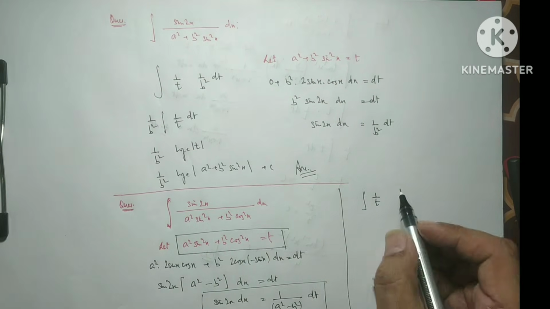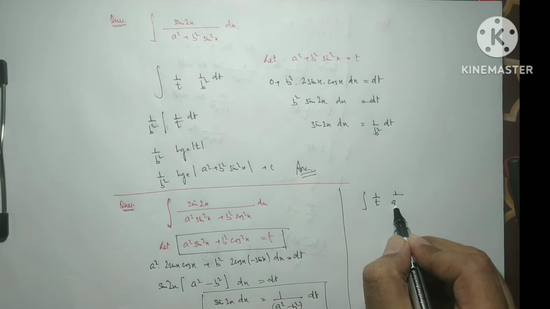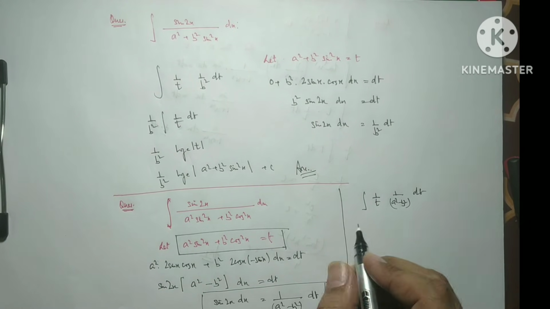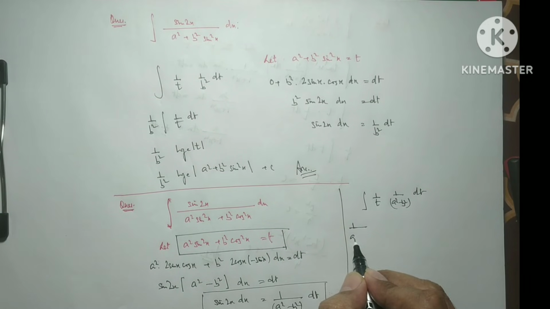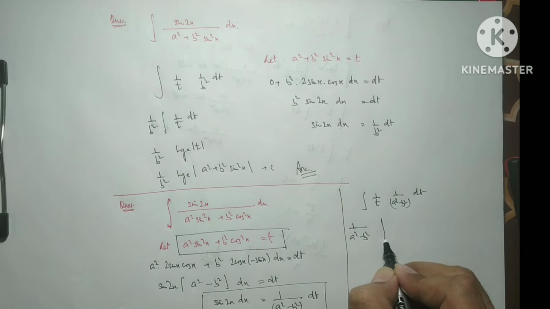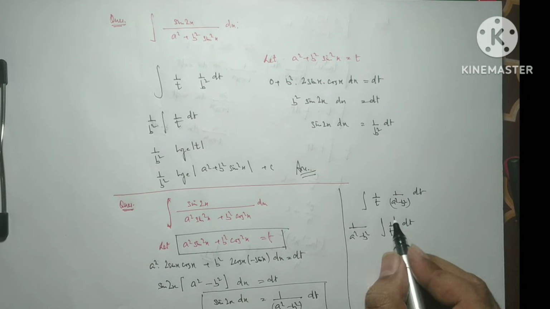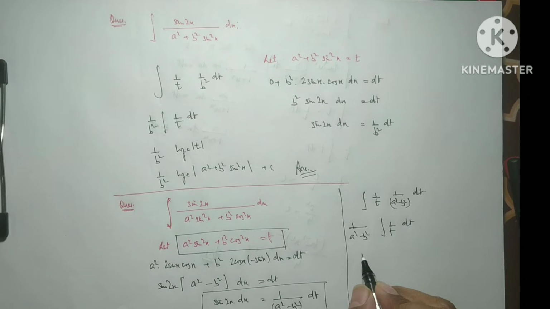So it is 1 over a square minus b square dt. It means 1 over a square minus b square, and this is 1 over t dt, and this is the integration, log t. So we have 1 over a square minus b square, and this is log of t.